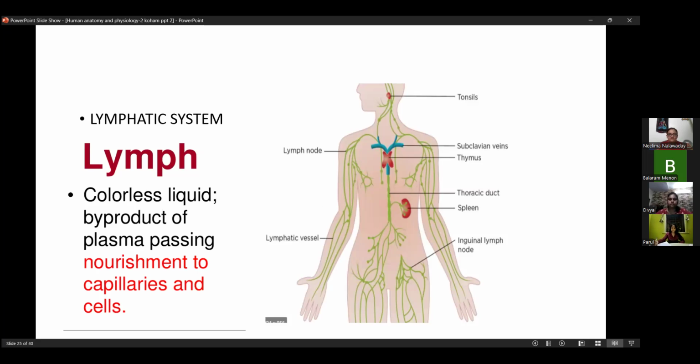So lymphatic system is also very important in immunity, related with immunity, immune response, and lymph nodes. This is also very common term nowadays. Whenever infection, throat infection, and cough, cold is there, we can see, or tonsillitis. Tonsils are also lymph organs. Okay, so lymph is a colorless fluid, byproduct of plasma passing nourishment to capillaries and cells.